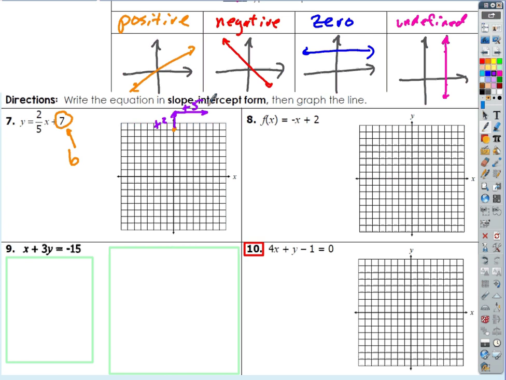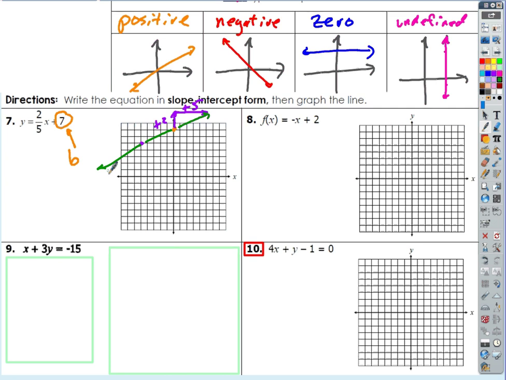So I could just reverse both of those. I could rise by -2 and run by -5. Either way, I'm going to get the second point that I need. So down to 1, 2, 3, 4, 5 puts me right there. And now all I have to do is connect and extend, and I've got my line.